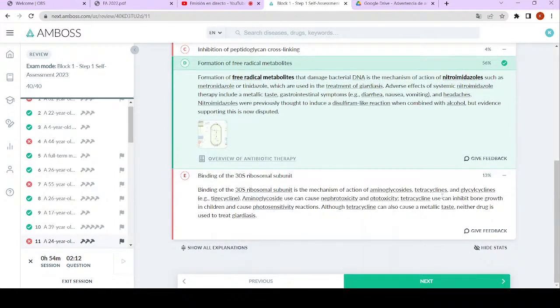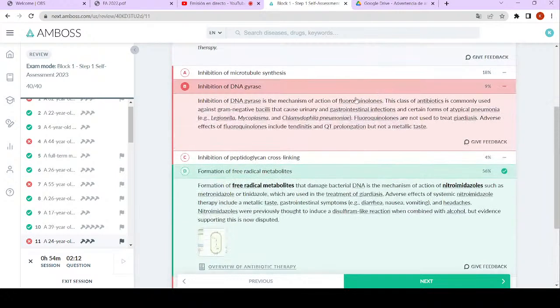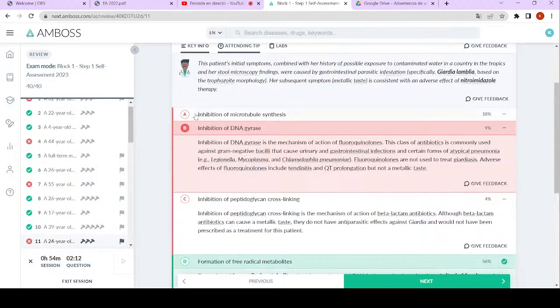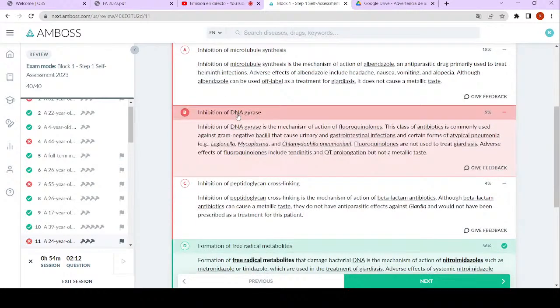Protein synthesis, as I told you, aminoglycosides basically, and tetracyclines. Inhibition of peptide cross-linking, beta-lactams. And inhibition of microtubule synthesis is the mechanism of action of albendazole, but albendazole is an antiparasitic, not an antibiotic.